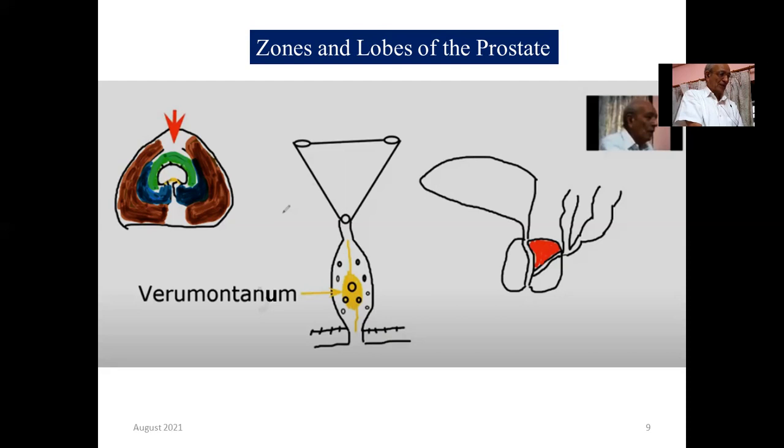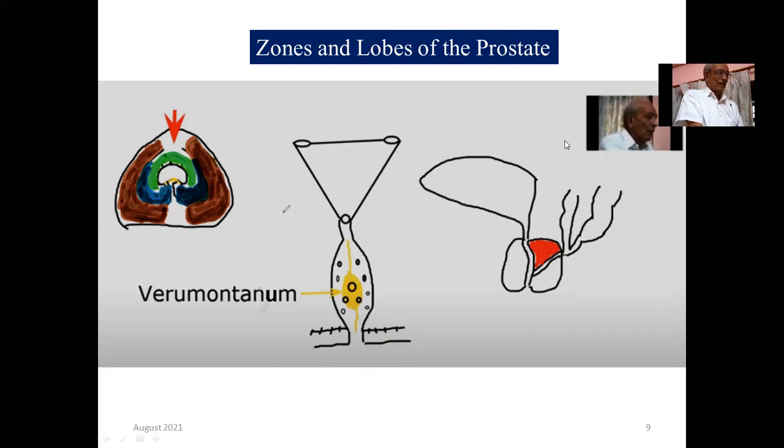And the elevation, the yellow one which is shown here, is called verumontanum, mountainous ridge. It's the most prominent part of the entire urethral crest.